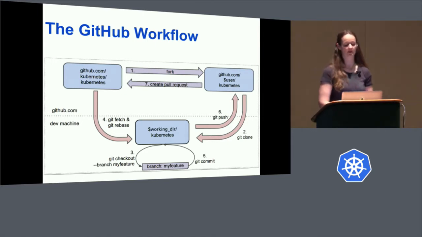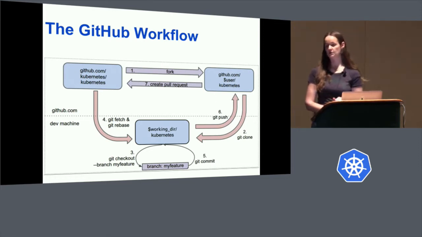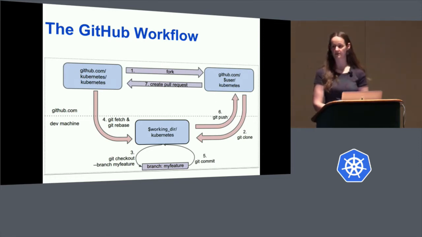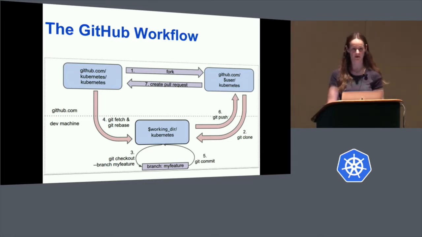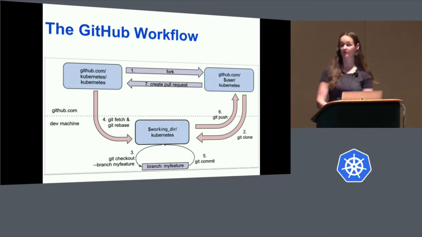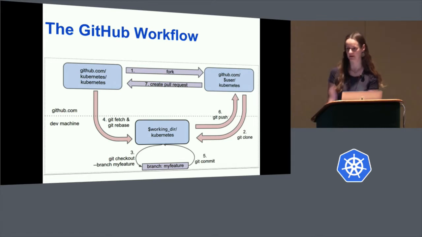And then you will open a pull request from your personal fork of the project back to Kubernetes. In this example, we're using the Kubernetes core repository, but it is the same thing on all the repositories. So in this next part of the exercise, if you see someone trying to open a pull request from something that is not their own fork, you should say something. You should say, you might want to close this pull request because this is not going to work. We do have safeguards in place.